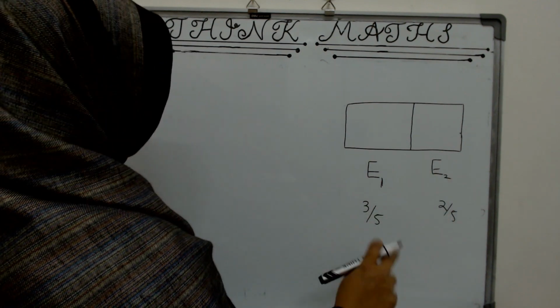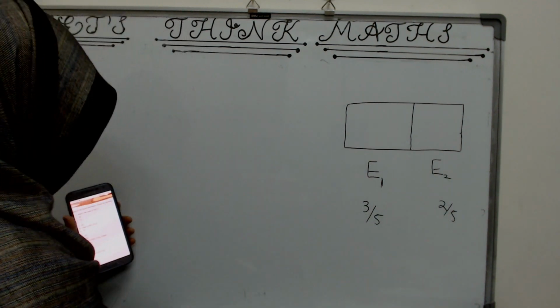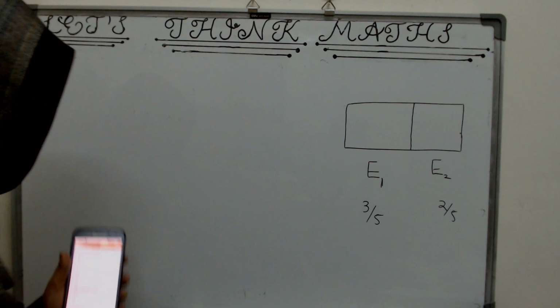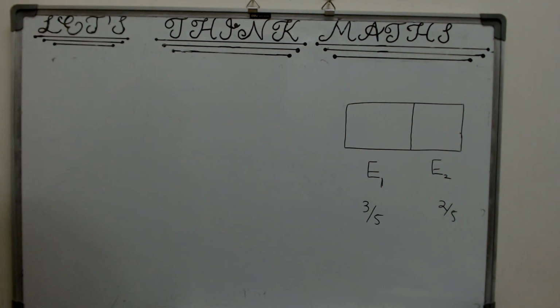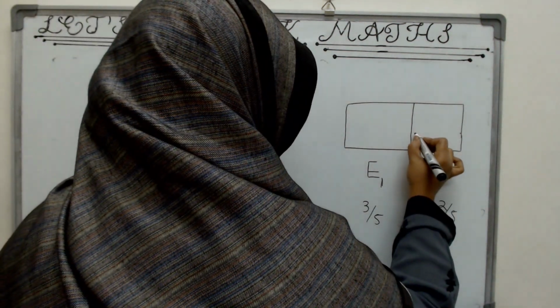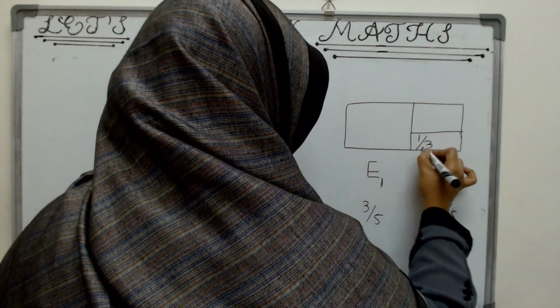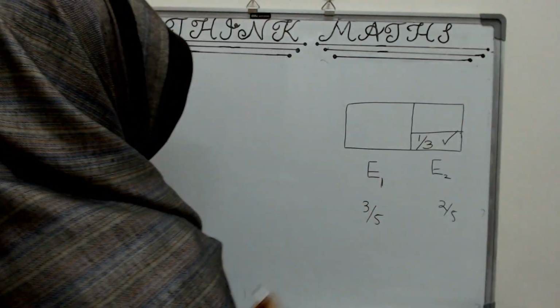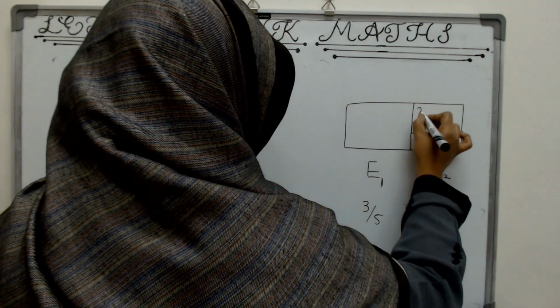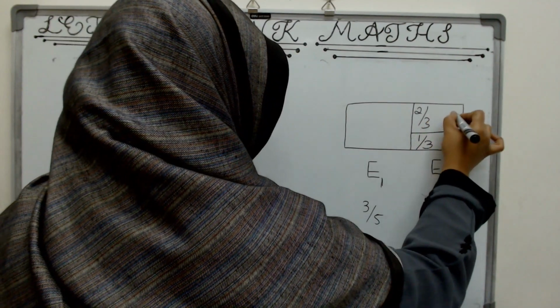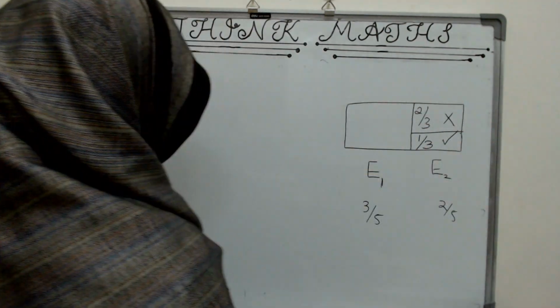E2 is the event that he guesses it. But then, whenever he guesses it, does he get the answer right every time? The answer is no. The answer is correct only 1 by 3 times. That means 2 by 3 times he gets the wrong answer.